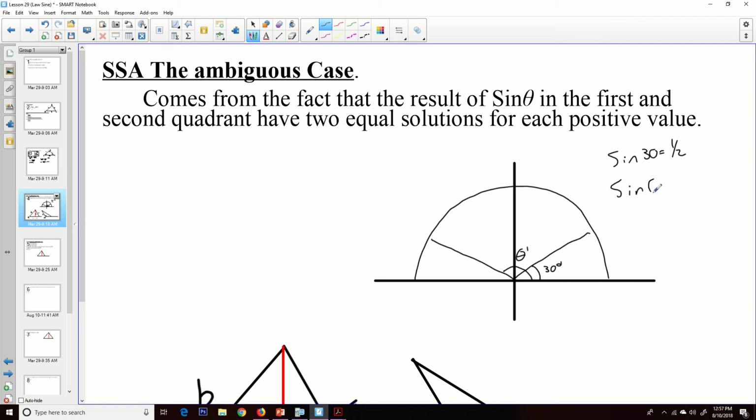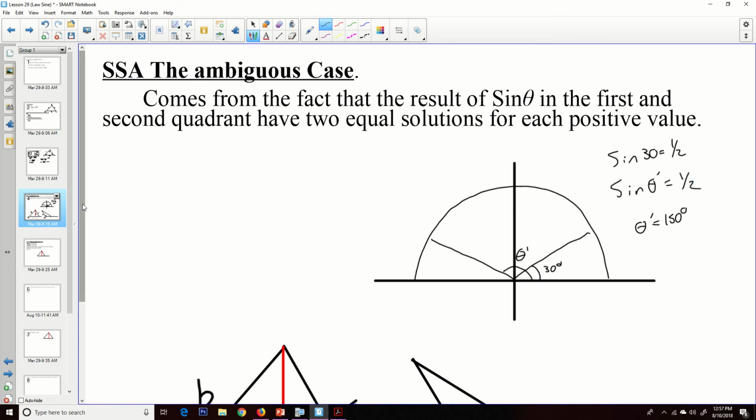There is a sine of theta prime that is also equal to a half, and we know that theta prime is equal to 150 degrees. So there are two possible angles that have the same outcome.